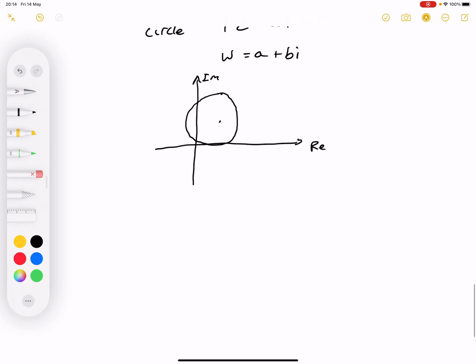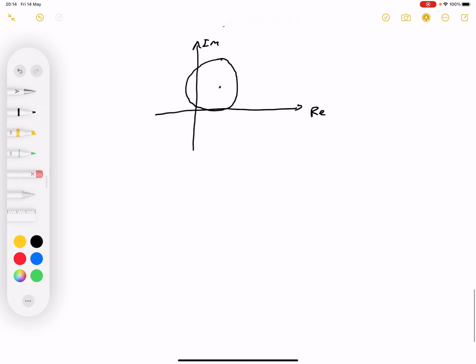Next, we're going to be looking at the half line. And this is denoted as the argument of z minus w, so argument, which is basically the angle. The argument of z minus w is equal to theta.